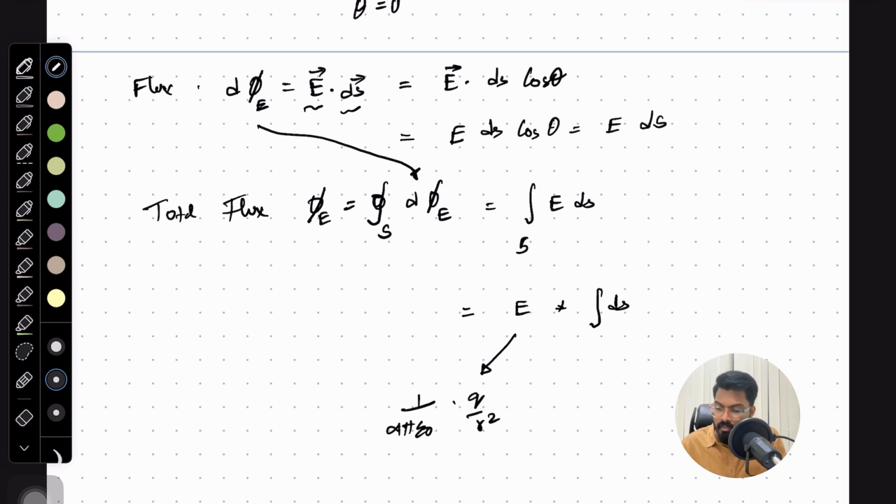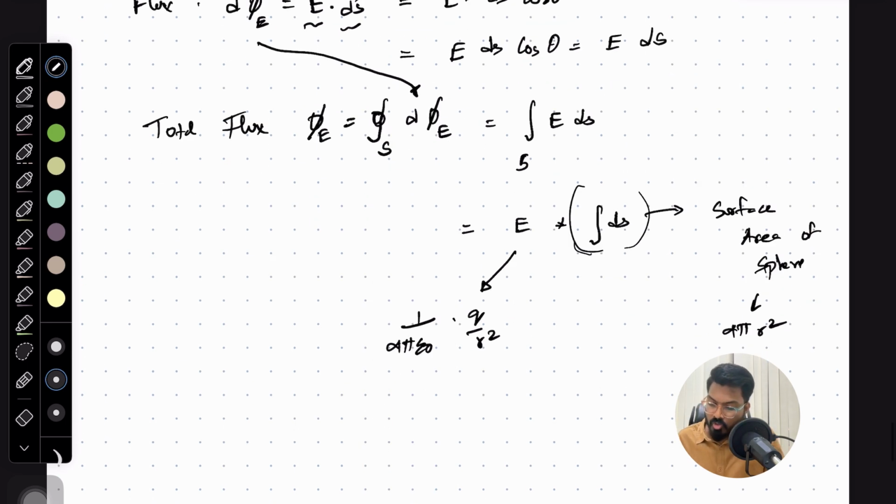And the integral of dS gives me the surface area of the sphere, which is 4 pi r square.